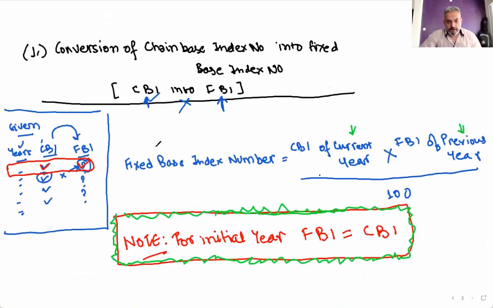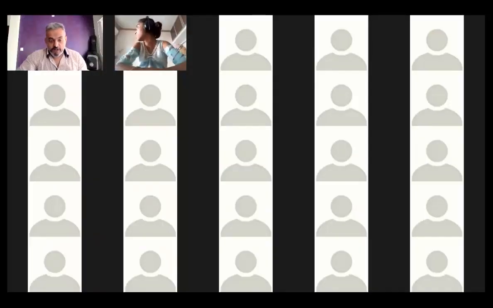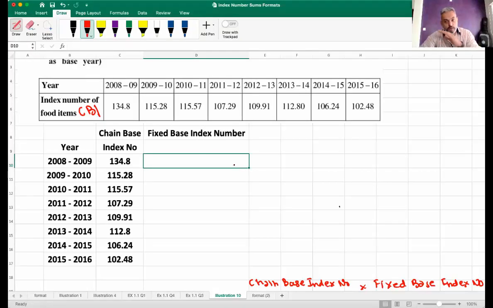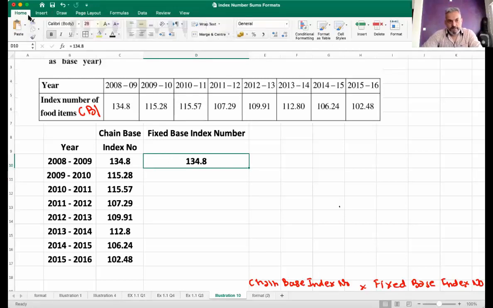This note over here says that for the initial year, FBI is equal to CBI. So you have to be very careful over here, because if your first year goes wrong, the whole sum will go wrong. So I'll write over here, the same, 134.8. First year is very important.